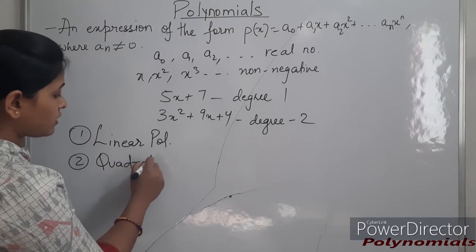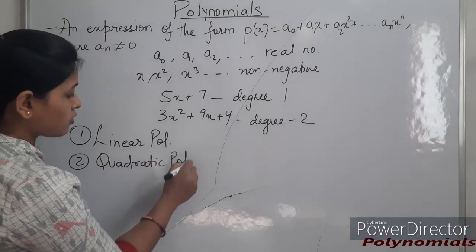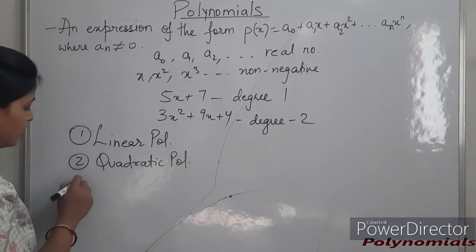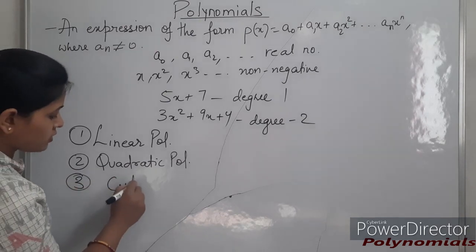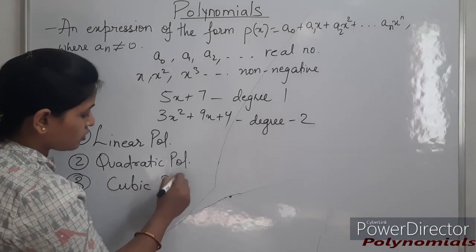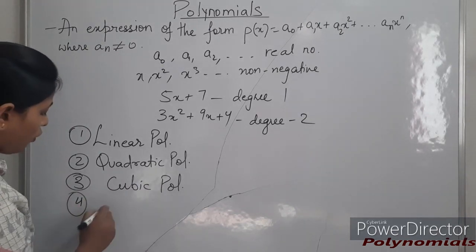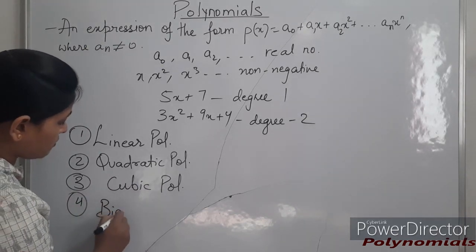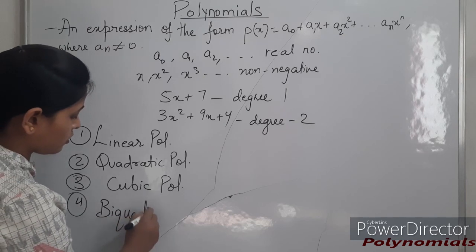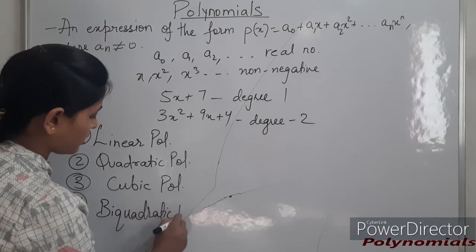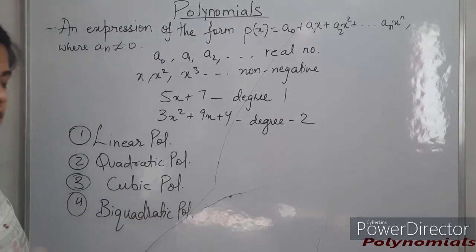Second type is quadratic polynomial. Third type is cubic polynomial. And the fourth one is bi-quadratic polynomial.